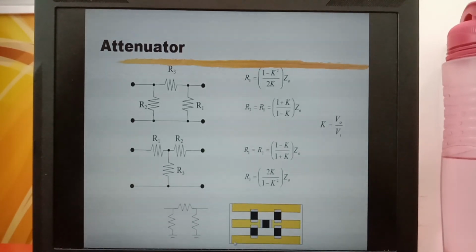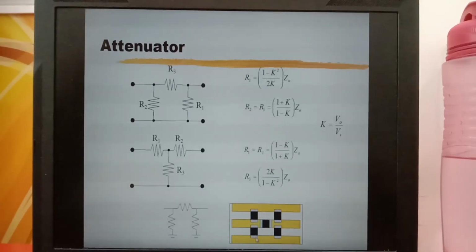This is an example of the pi network implementation using microstrip line. The input resistance is given by these two resistors connected to ground in parallel, and the output resistance is given by these two resistors connected to ground in parallel.